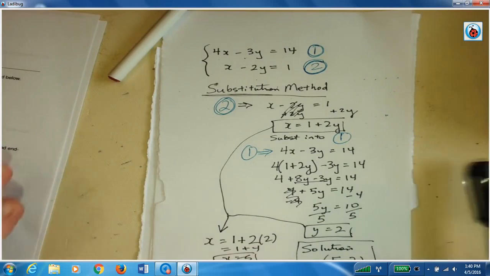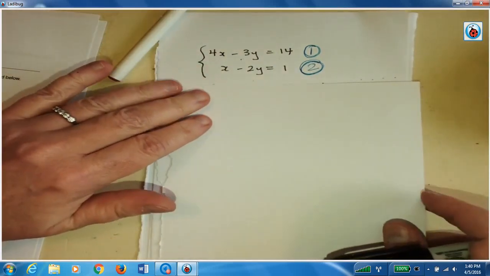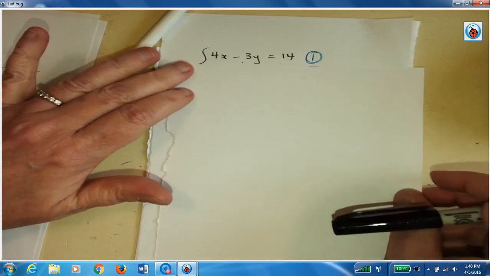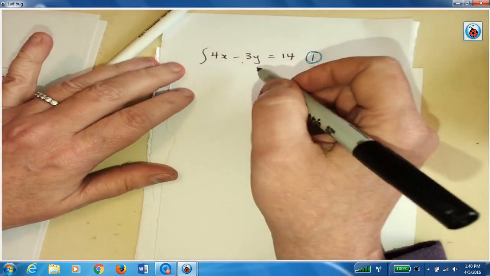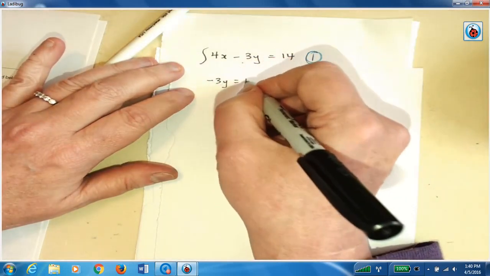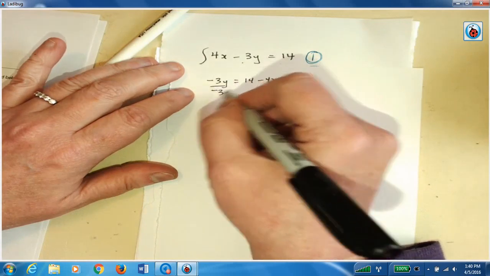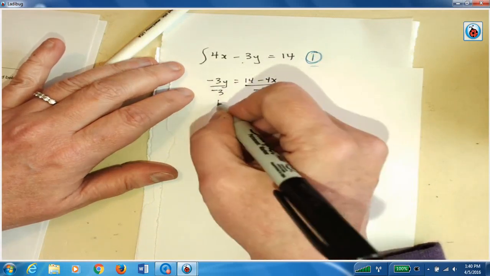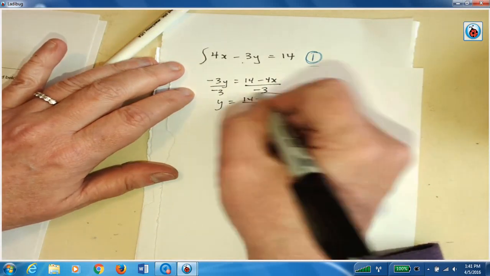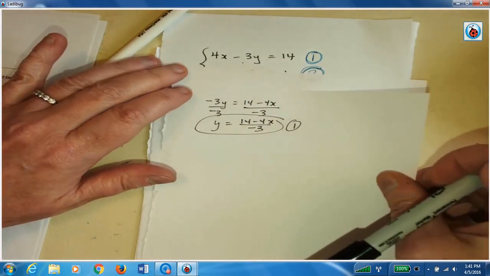Now I can check that in my graphing calculator, but if I do that, I'm going to have to get it into a form where I can put it into my graphing calculator. So here I would have to subtract 4x from both sides and then divide everything by negative 3. That's the first line.